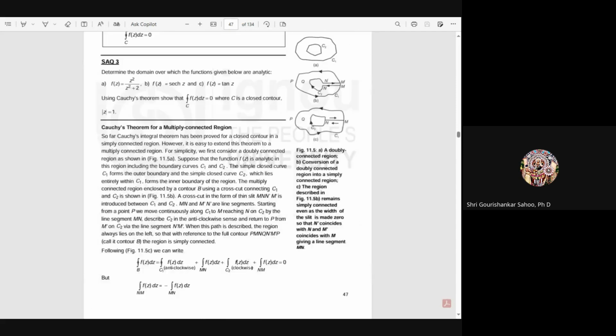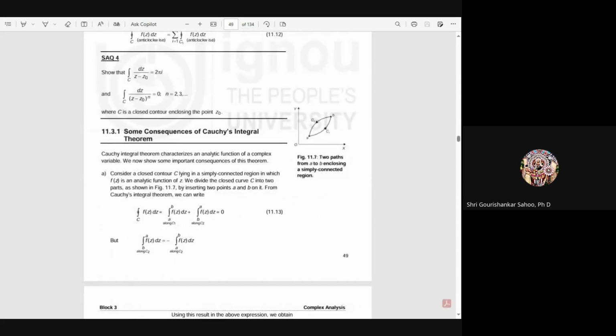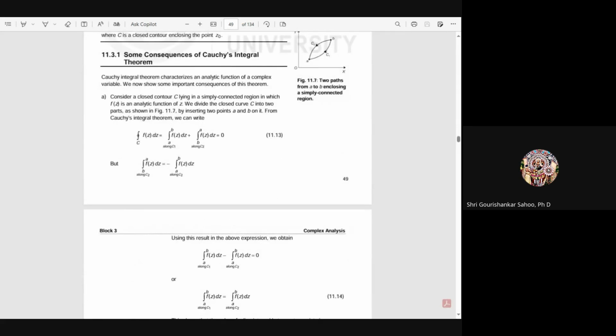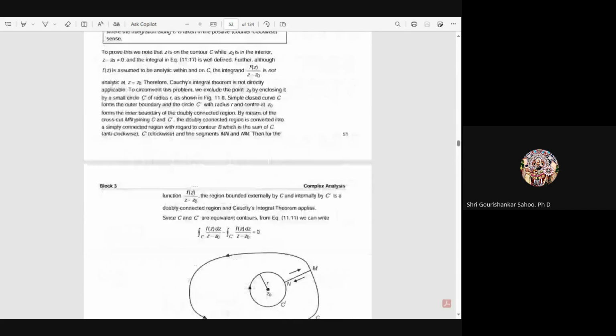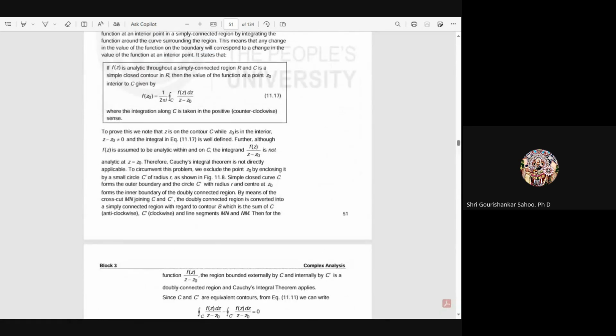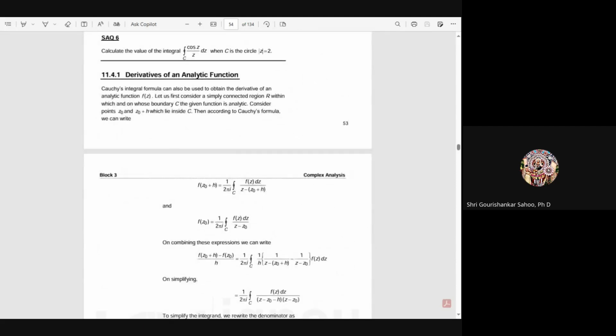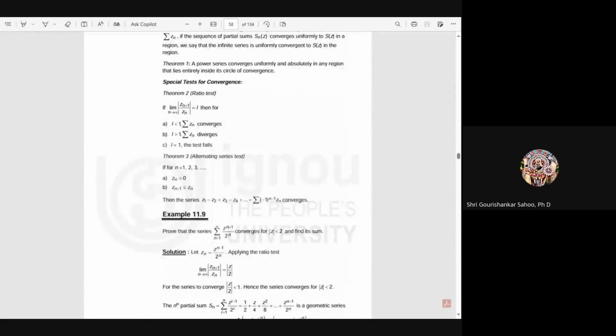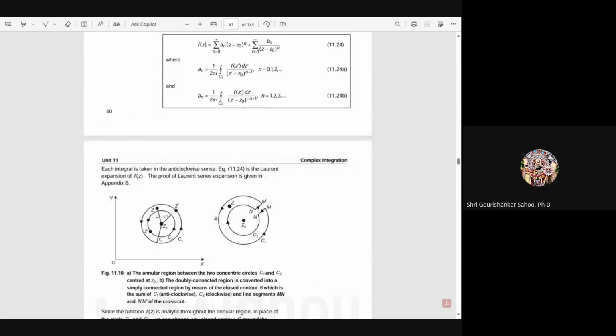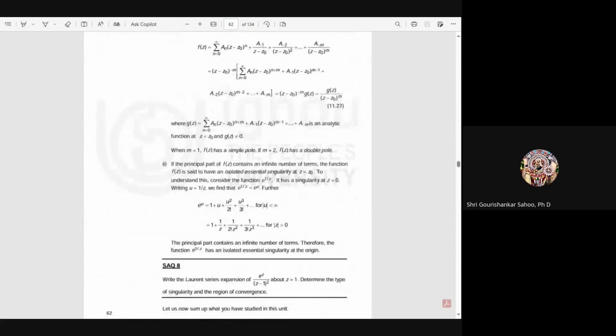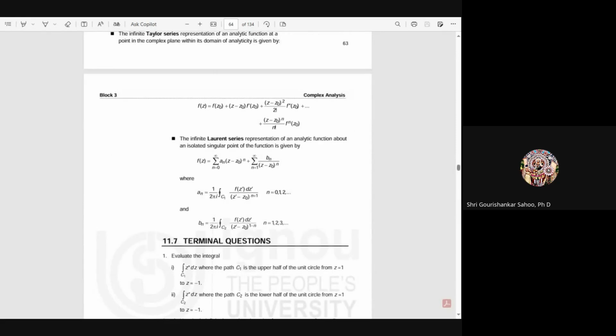Cauchy integral theorem, then the consequence of Cauchy integral theorem, Cauchy integral formula, then worked out problems, so on and so forth. Then your Laurent series, Taylor series.